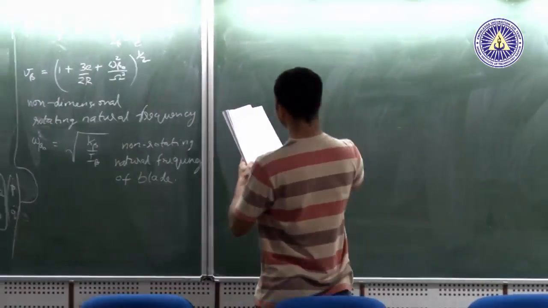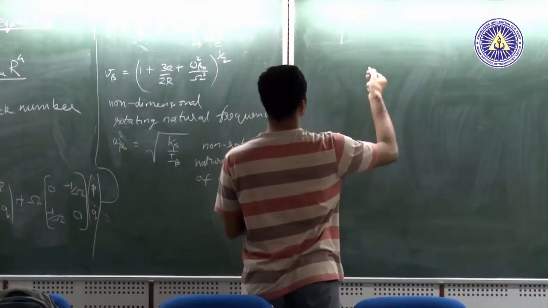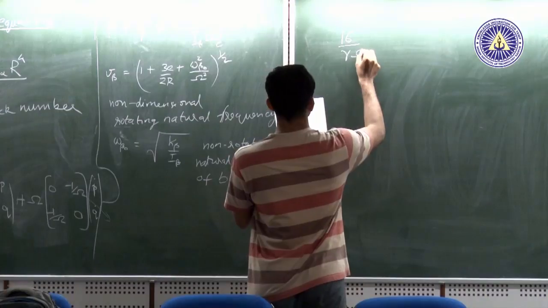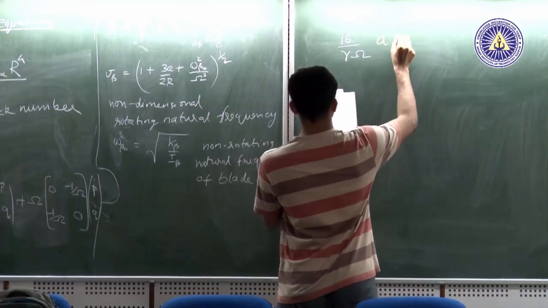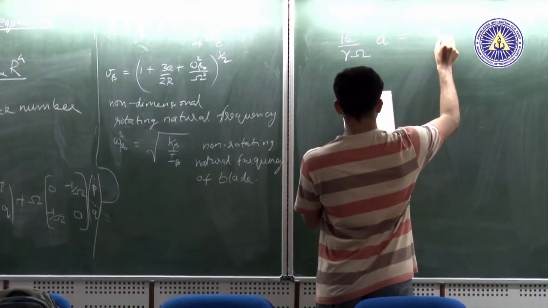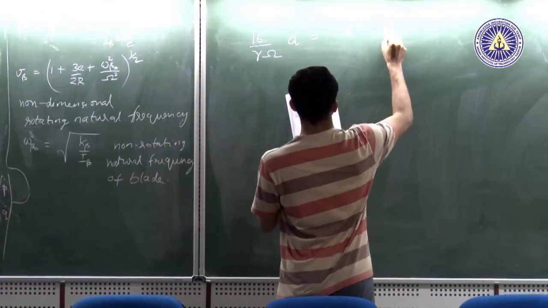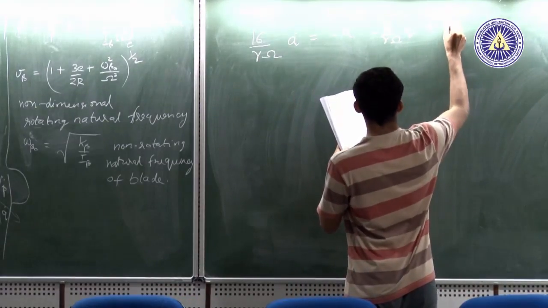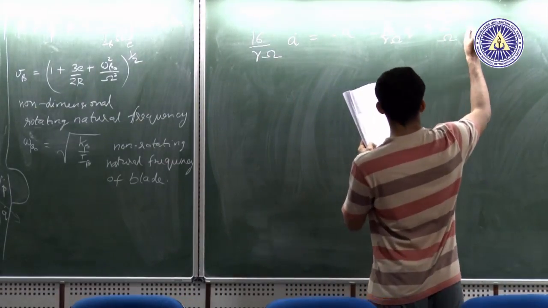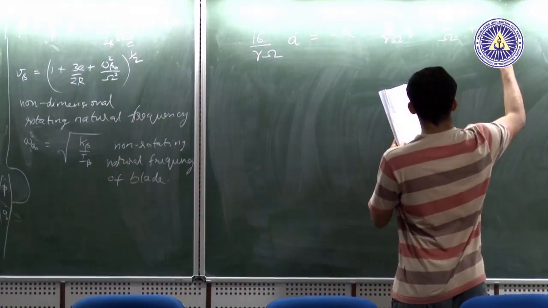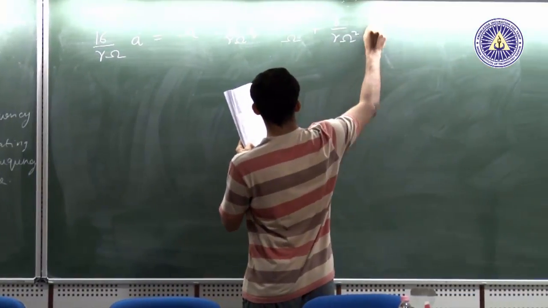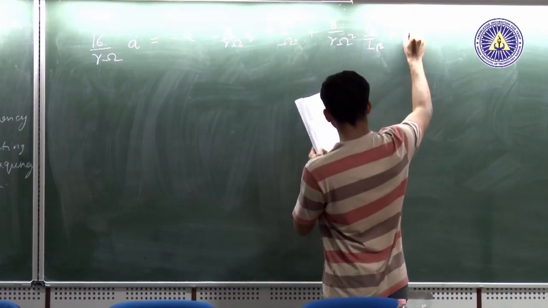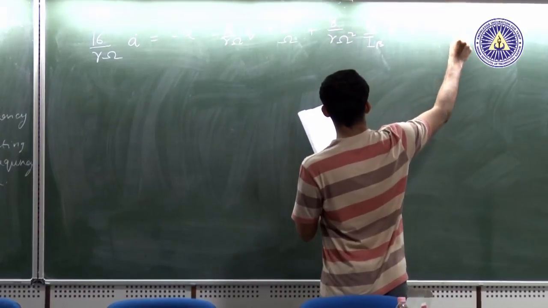If you do that, you will get these new first order equations for your tip path plane, and it comes out to be 16 by gamma omega a dot minus a minus 16 by gamma omega q plus p by omega, 8 by gamma omega square k beta by I beta times b plus theta a.